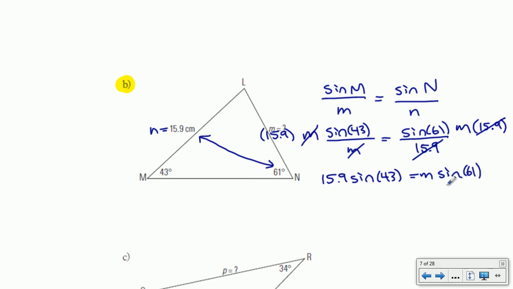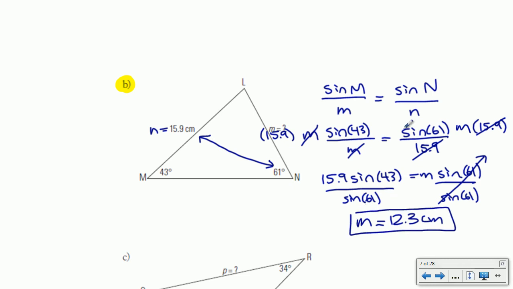We want to get m on its own, so we divide both sides by sine of 61. That's 1. And when you do 15.9 times sine 43 divided by sine of 61, you get lowercase m is equal to 12.3 centimeters.